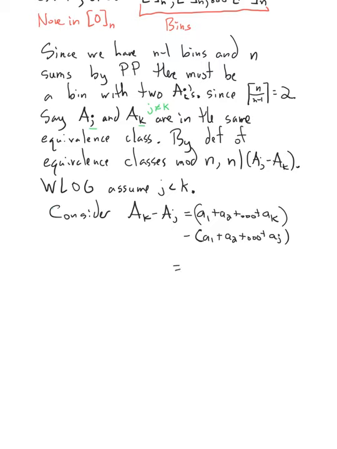So all of these guys are going to cancel. A1 cancels with A1, A2 cancels with A2. In here is going to be plus AJ. Since J is smaller than K, this AJ is going to be somewhere in the sequence. So that AJ is going to cancel with this AJ and all the numbers before it. And what's left is everything from J plus 1 to K.